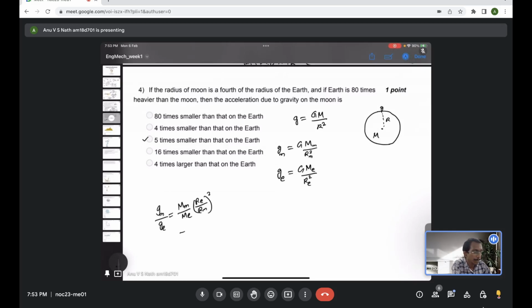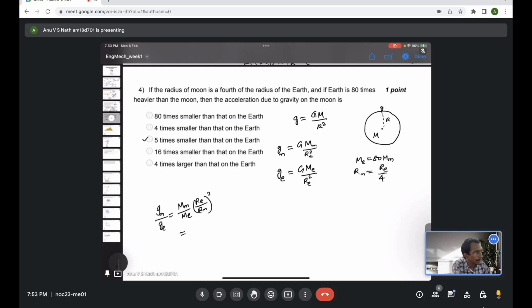Okay, so given that mass of earth is 80 times that of mass of moon, and radius of moon is a fourth of radius of earth. I use the capital R here also.